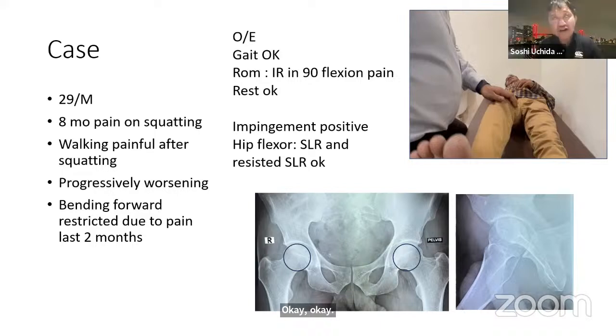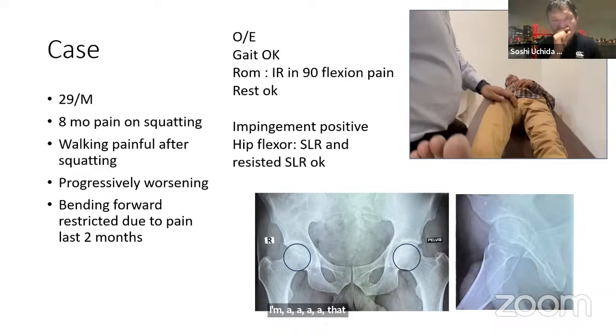But this degenerative labrum looks like an irreparable labrum, right? So our study is looking at what is the predictor of an unsalvageable, irreparable labrum.